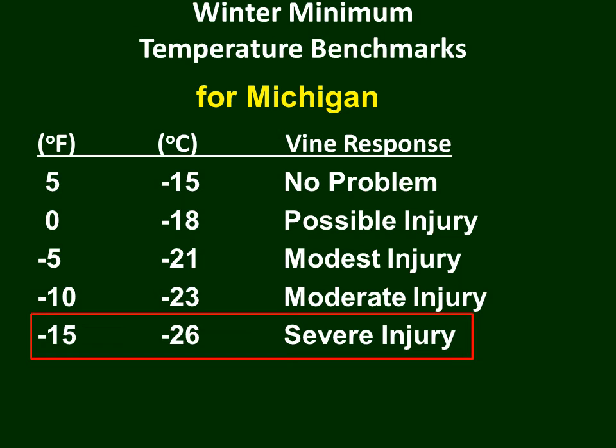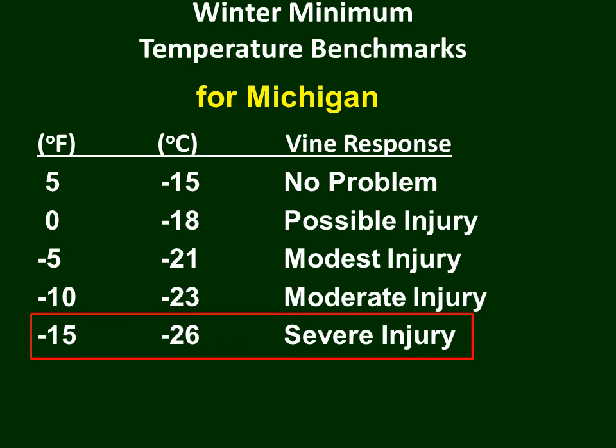And we just had, in the previous 2 winters before this past one, temperatures down in that minus 15. Both years had severe winter injury in many of our vineyards. It was devastating. But once again, these are guidelines for our area for the kinds of grapes that we grow.